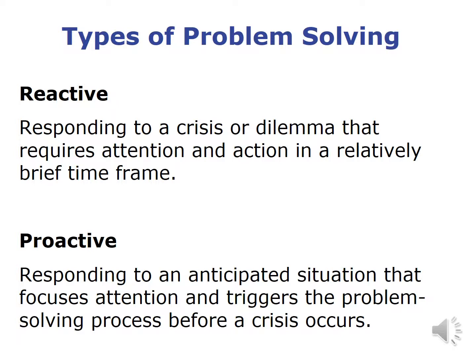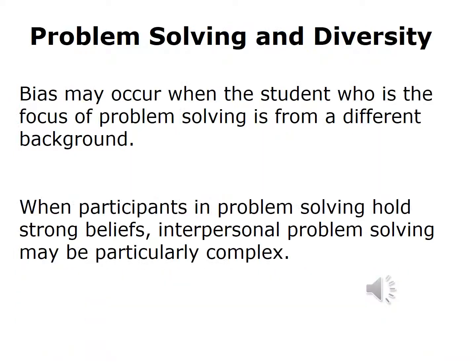Proactive problem solving, on the other hand, involves responding to an anticipated situation that focuses attention and triggers the problem-solving process before a crisis occurs. For either type of problem-solving situation, if there is a systematic approach in place to address both, we can spend less time responding reactively and more time responding proactively.